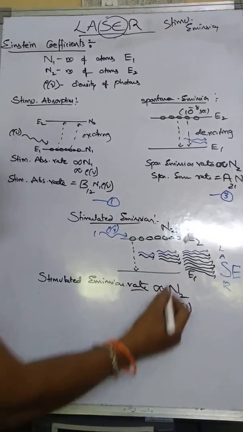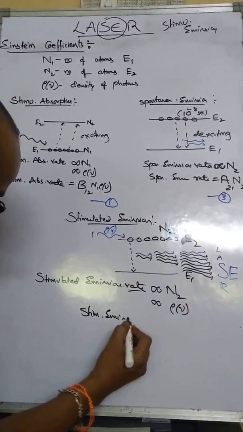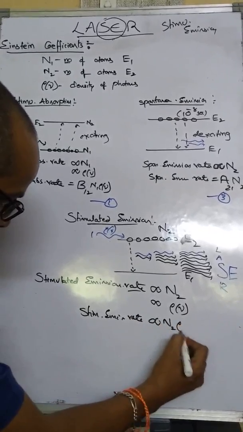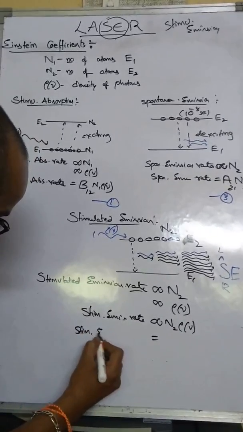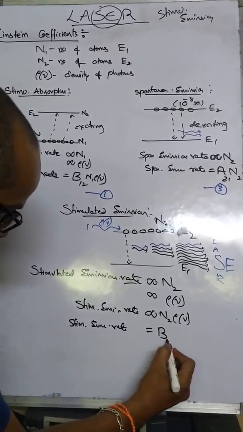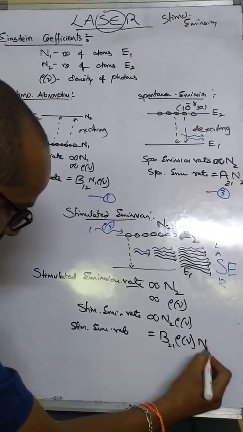Clubbing these two, the stimulated emission rate is proportional to N2 rho nu. If I remove the proportionality, the stimulated emission rate is equal to B21 rho nu into N2.